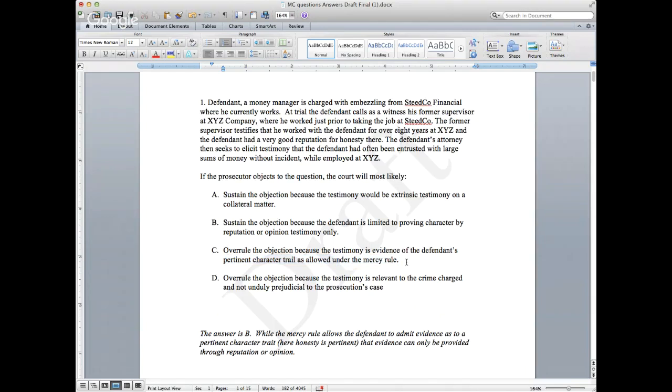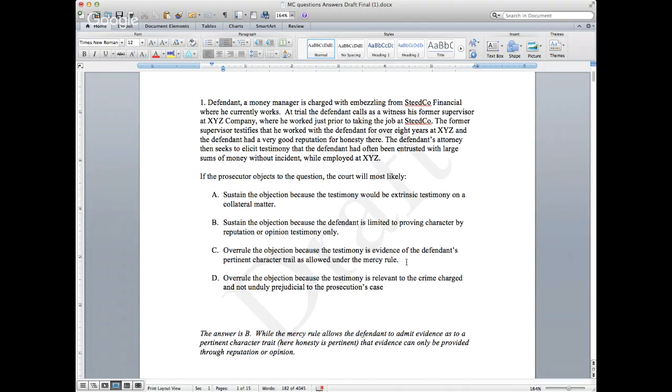No, because again, you cannot show character to prove that a person acted in conformity with a particular character trait. And that's what C seems to be saying. And we're assuming that they're going to sustain this objection, not overrule it.